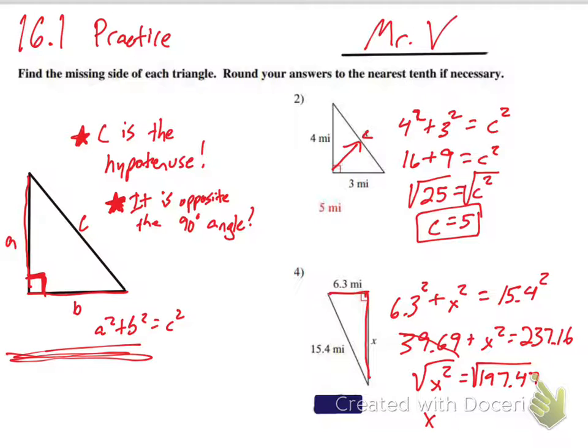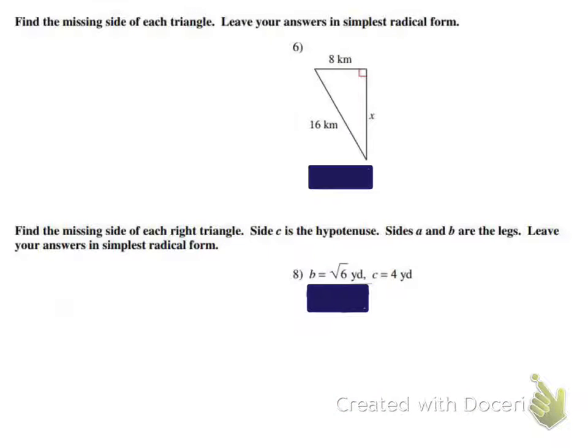And so x would be the square root of 197.47, which is 14.1 because I'm rounding to the nearest tenth. See if I am correct here. 14.1.